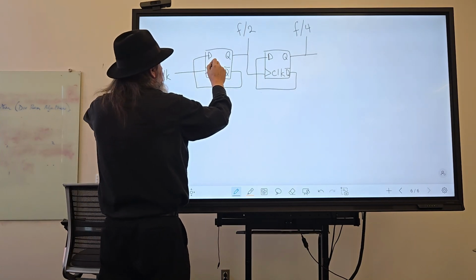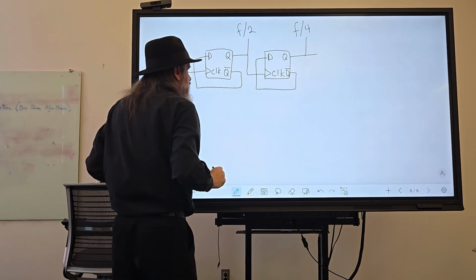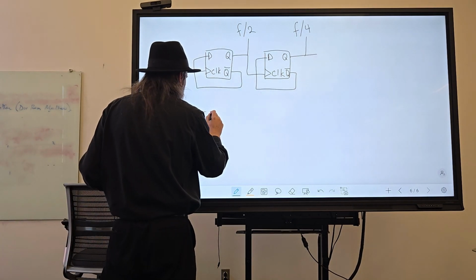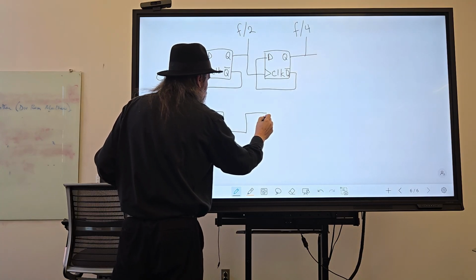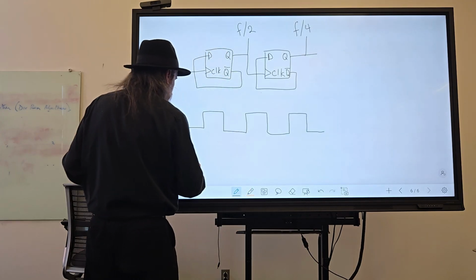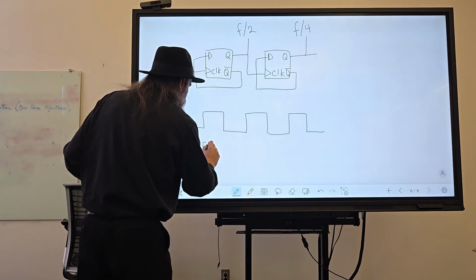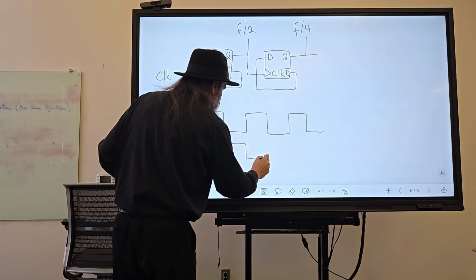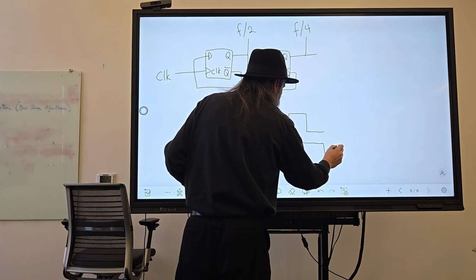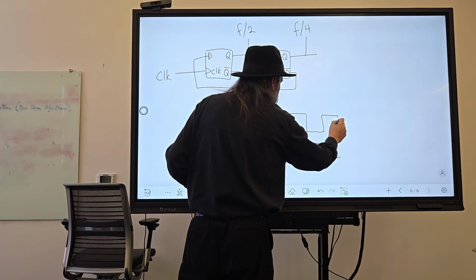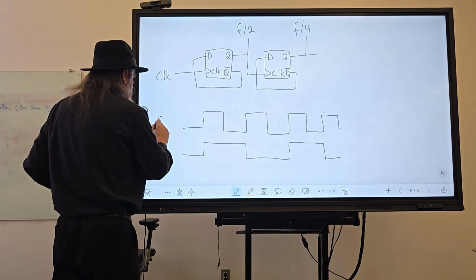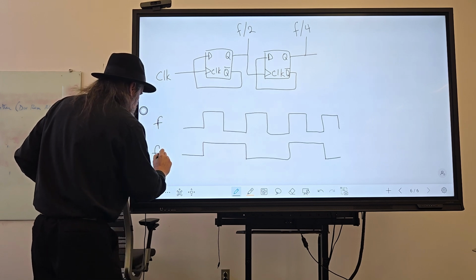The next clock cycle, and so on and so forth, it divides the frequency. So if your clock is this square wave here, that's F, and that's F over 2.